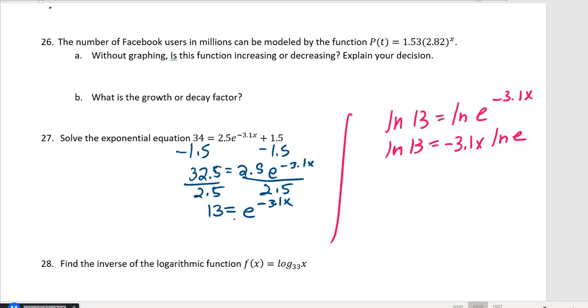Now natural log of e, when you put it in your calculator, would be 1. You could also reason it out, but that's going to be 1. So I'm going to divide both sides by negative 3.1. And once again, I'm going to get the same answer of negative 0.827. So really, both methods work, once again, the same as we did in the earlier test.